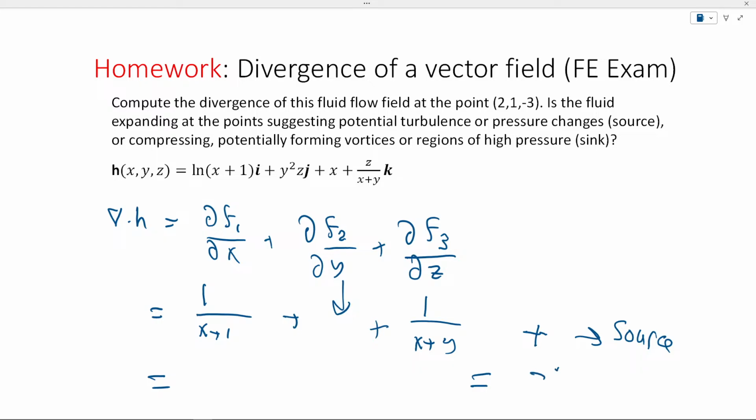If this number is negative, then that will be like a sink. A sink means, for example, that the fluid will be compressing at this point, versus a source, where the fluid is expanding.